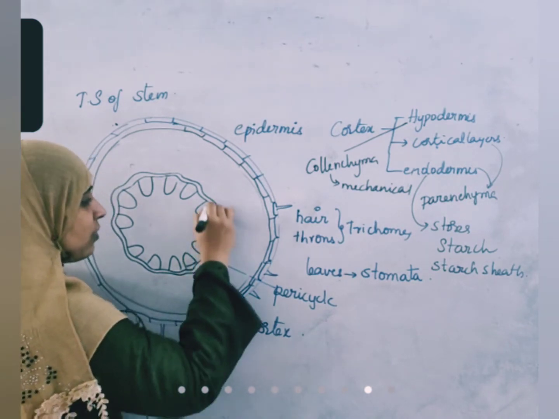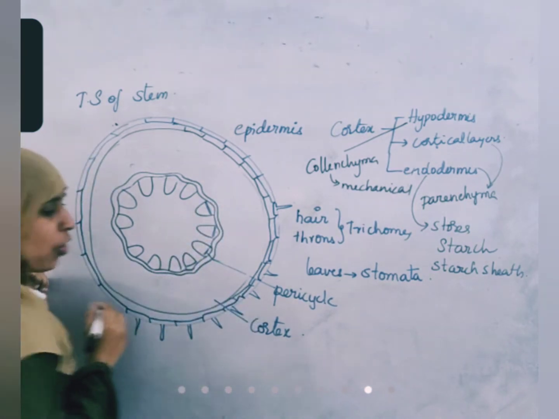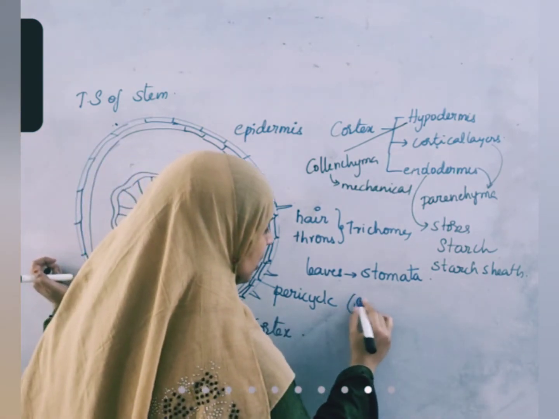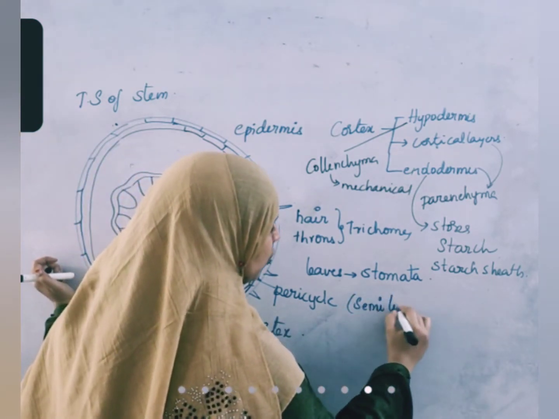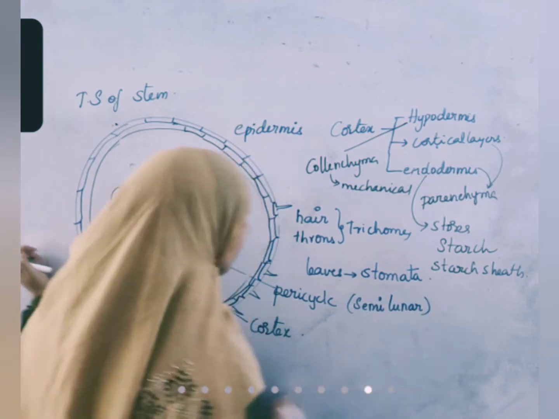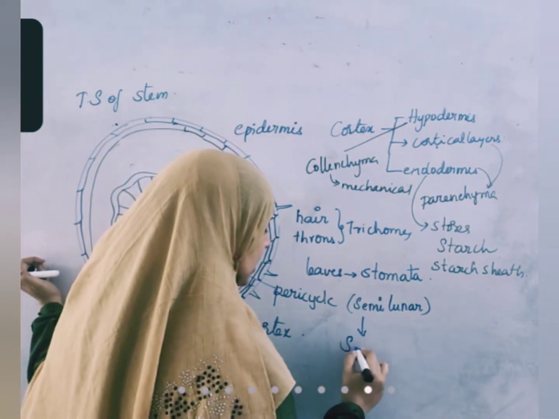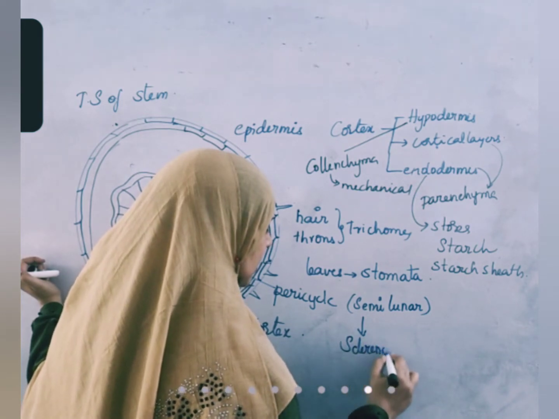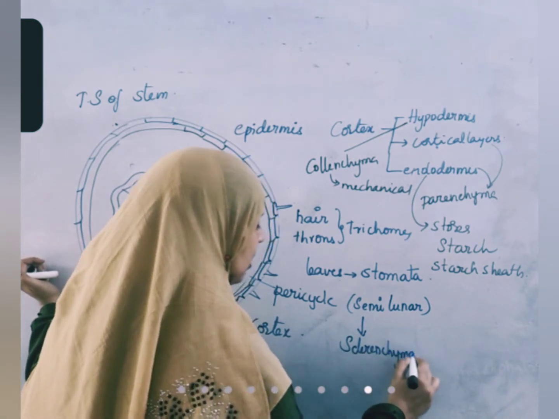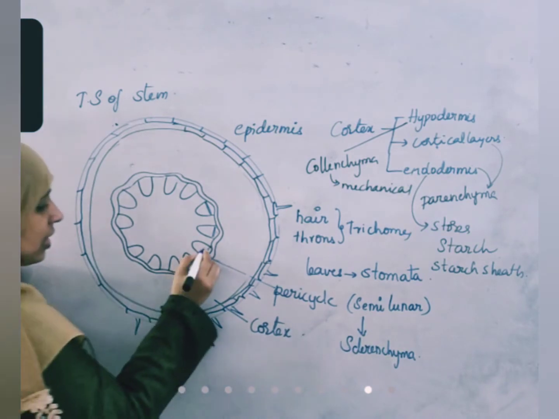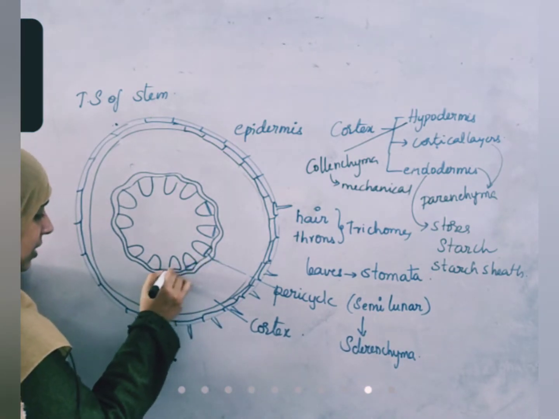Pericycle is just above the vascular bundle in the shape of a half moon. That is why it is called semilunar. And which cells is it composed of? It is composed of sclerenchyma cells.